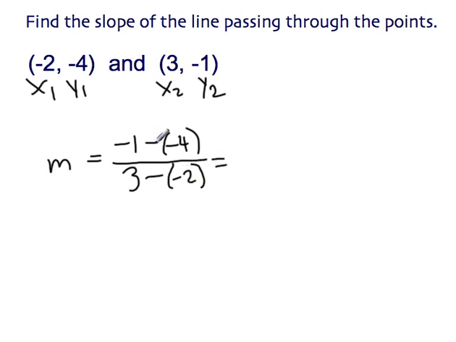Now when I find this, of course I should change the signs. Those become plus 4. -1 plus 4 is 3, over, again, change the signs to plus 2, and it becomes 3 plus 2, which is 5. So the slope then is 3/5.